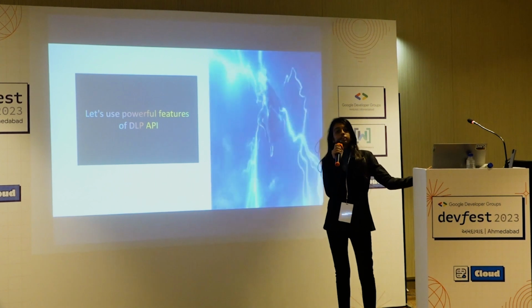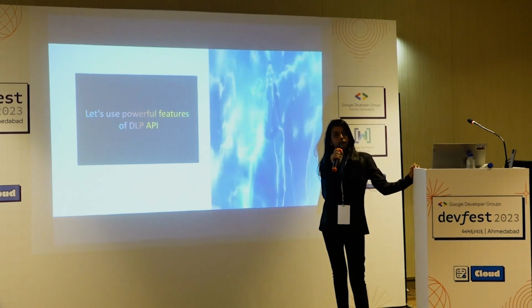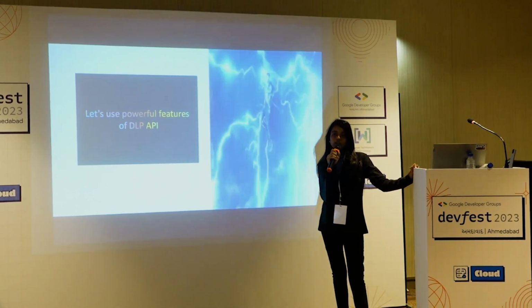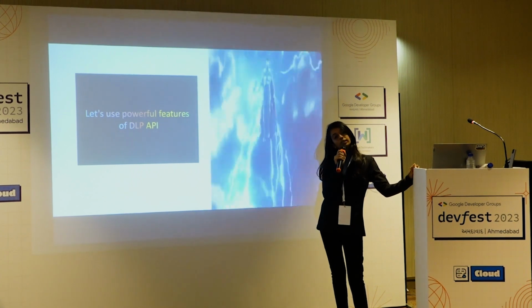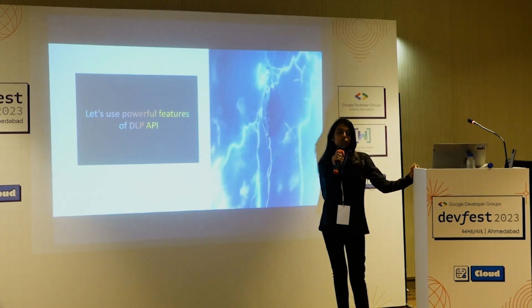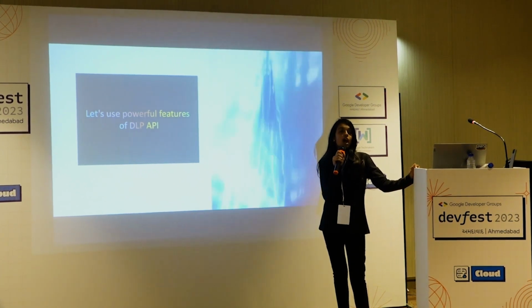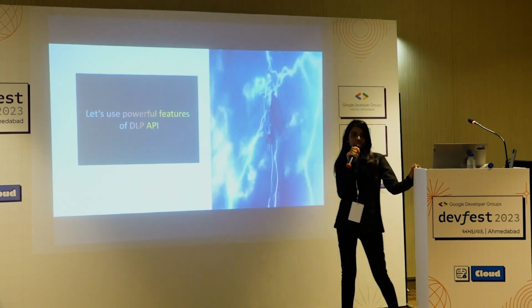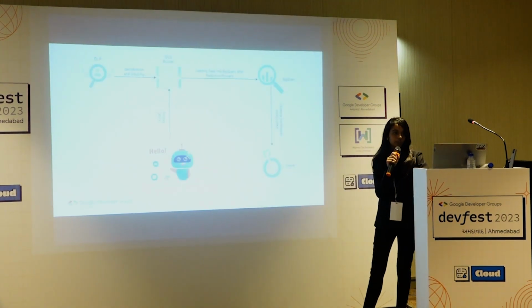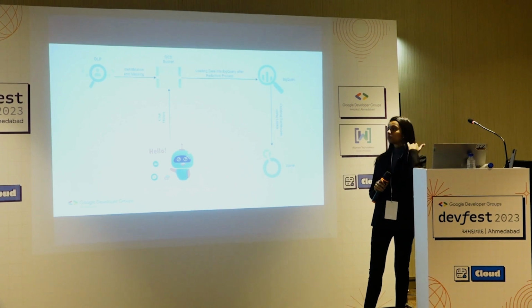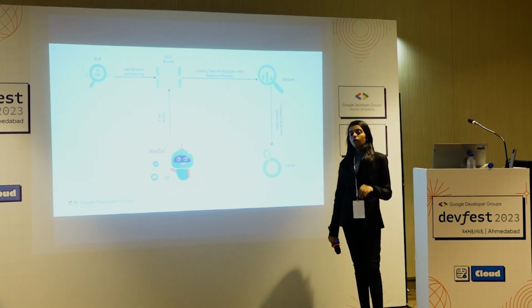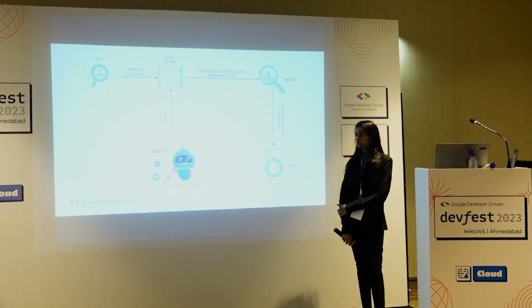As we have already discussed what the DLP API is, what the features of the DLP API are, and what the benefits of the DLP API are, now let's explore various scenarios to see how powerful the DLP API is. For the first example, we are taking a travel agency company who is helping their customers in their travel journey.